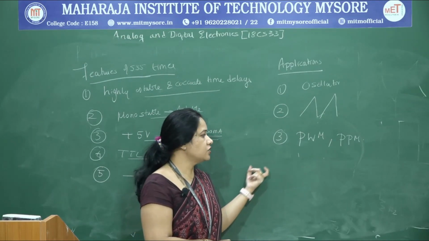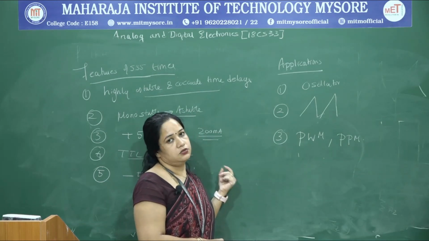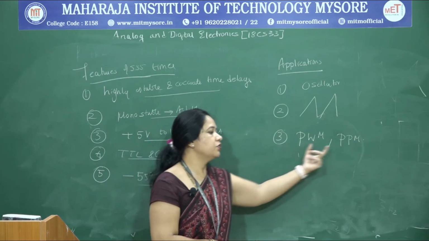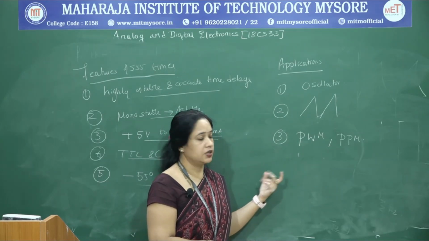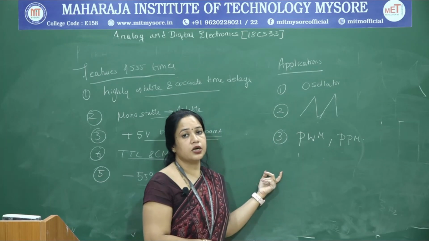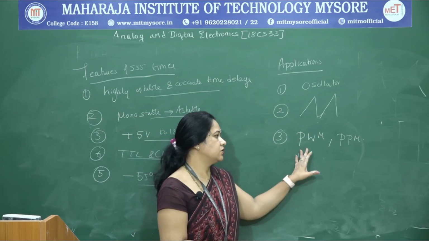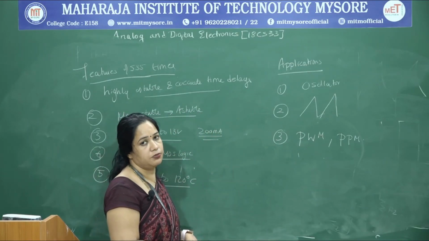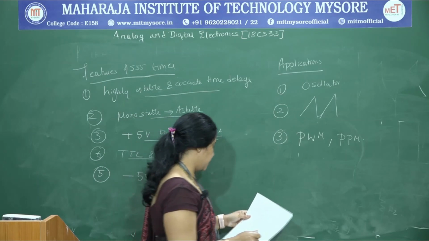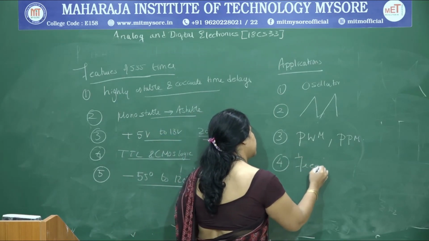In pulse width modulation, the width of the output pulse depends on the modulating signal, and in pulse position modulation, the position of the pulse depends on the modulating signal. These two are used in communication. Though this is out of scope, just remember it can be used for pulse width modulation and pulse position modulation, and most importantly, it is also used as a frequency divider.